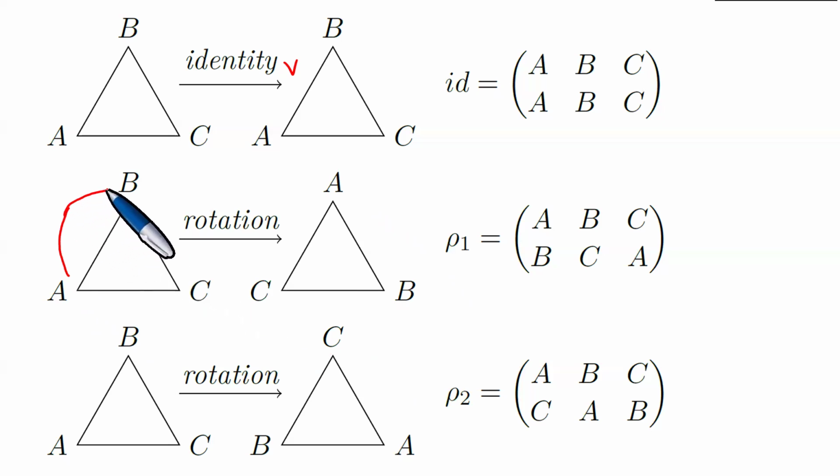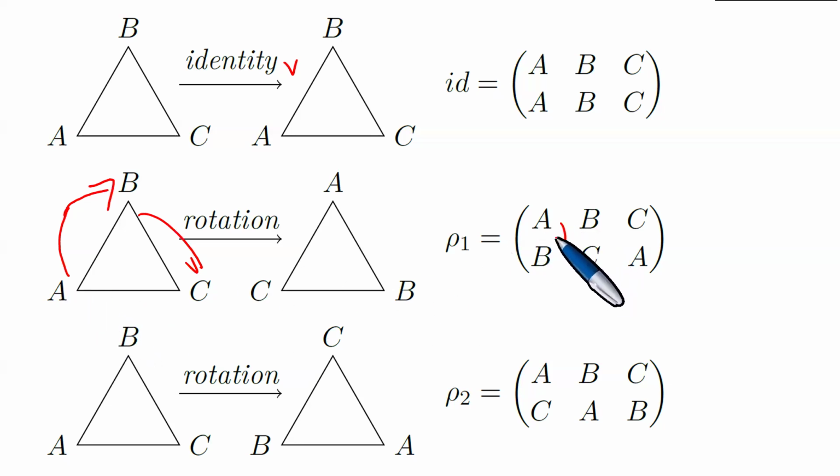If you look at it clockwise, for example, A goes to B, so that A is going to be sitting in the position of B. B is going to rotate to the position of C. C is going to take the position of A. Let's check.